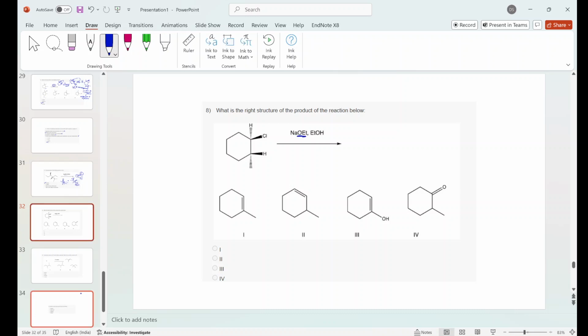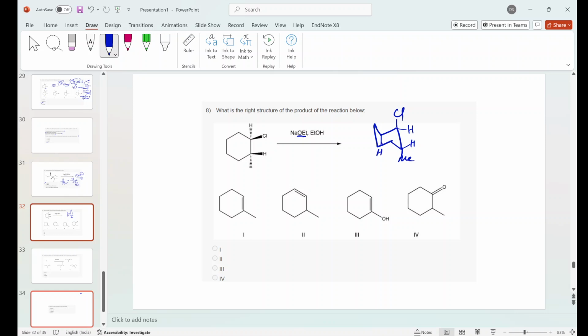Next is what is the right structure of the product of the reaction below. You have this base, and now similarly you draw the 3D conformation. You have Cl, right?